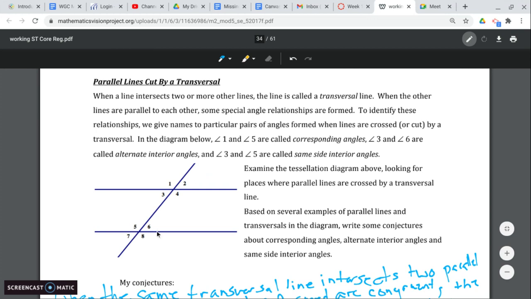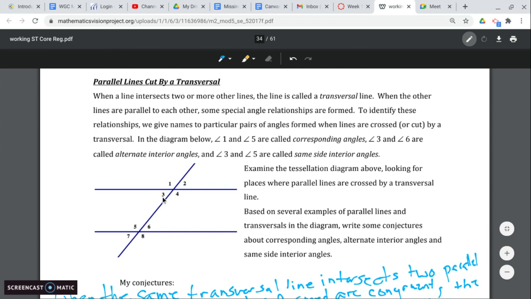Angles 3 and 6 are alternate interior angles, so are 4 and 5. They're on opposite sides of the transversal, and they're in between the two parallel lines. And 3 and 5 are same side interior. Once again, they're in the interior between the two parallel lines, but they're on the same side.